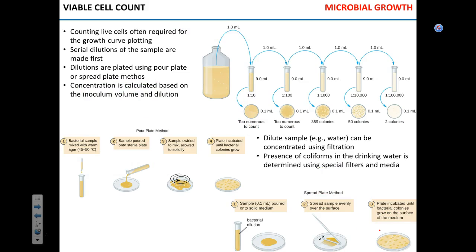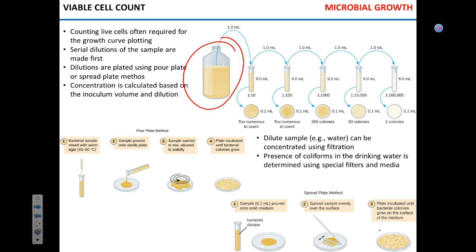Of course, the gold standard is the viable cell count. And the ideal method is to grow them on the plate. Assume that we have a liquid culture that has a lot of cells, and that's pretty much the pour plate that you did last week, okay?